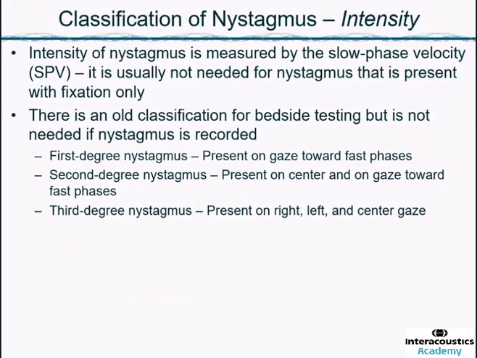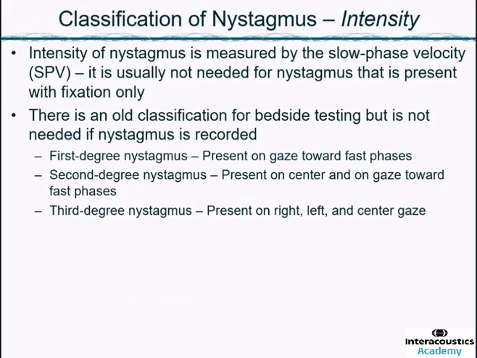Anytime you're looking at nystagmus without fixation, this becomes an important factor. Let me just briefly deviate from the PowerPoint content, and I'll give you the reason for this. There are other classifications for intensity of nystagmus. For example, people use frequency or actually the amplitude of the eye movement.